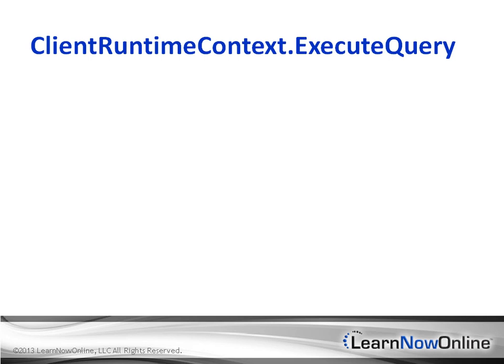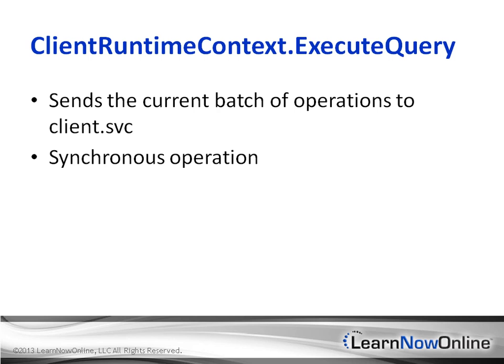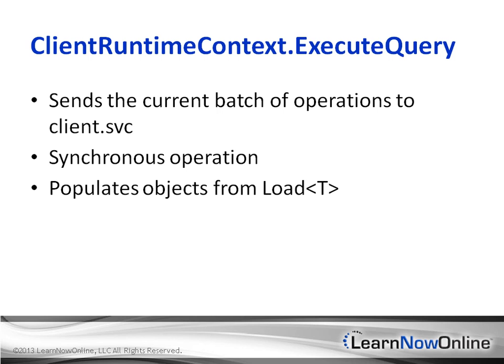So once you have the complete batch of objects to load, the way you get that to the server is you call execute query. What that's doing basically is making that web service call to the client.svc endpoint. So execute query can be a synchronous operation, populates objects from the load method, and also persists updates on the server.